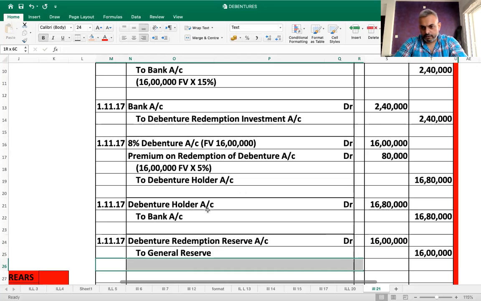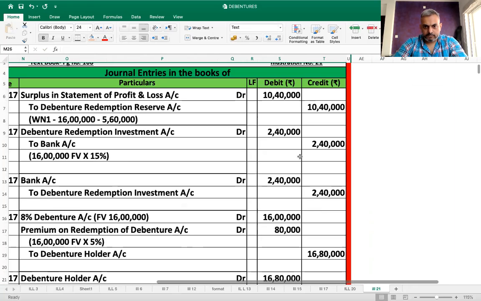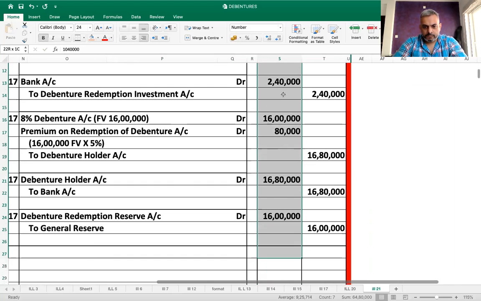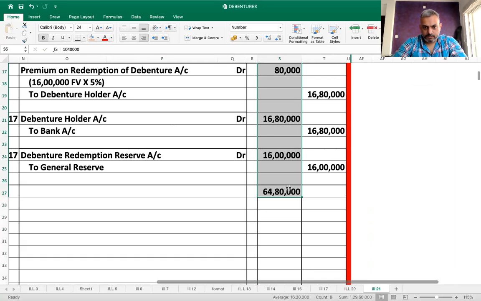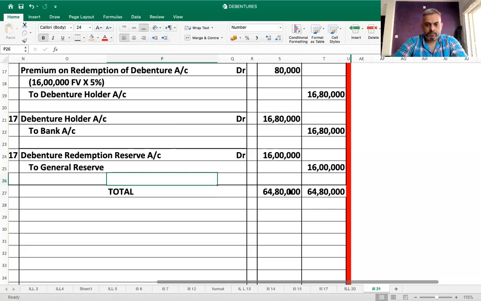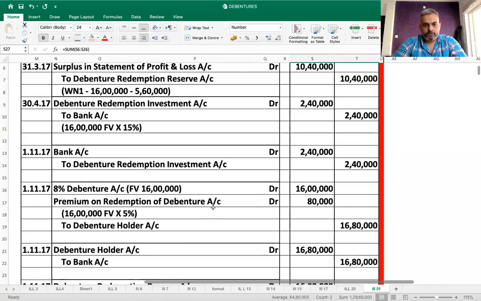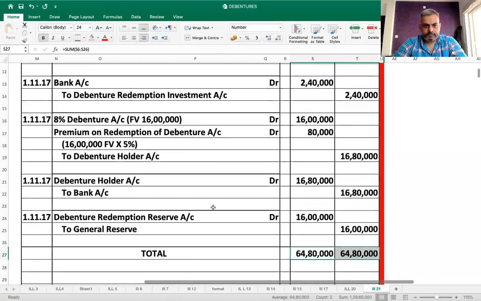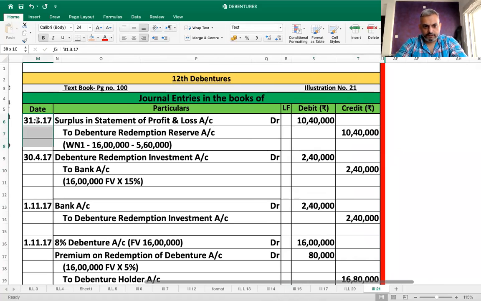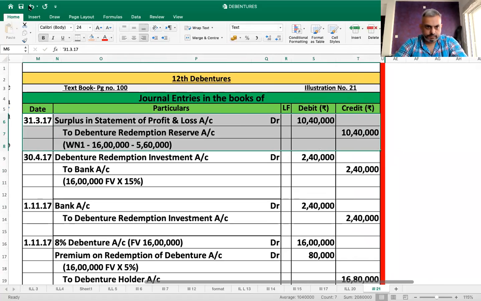That's it. Close it, do the totals. Double underline. Go through it and see if you have any doubt. This date 31/3/2017 is a typical point over here.